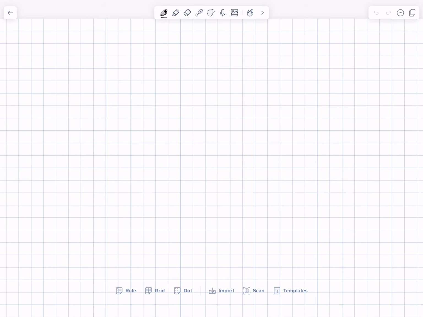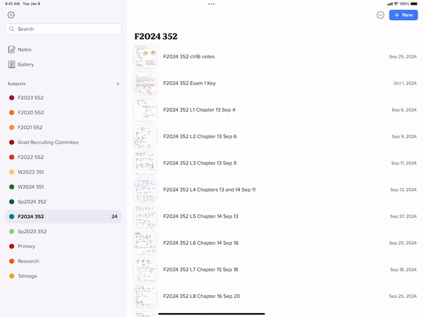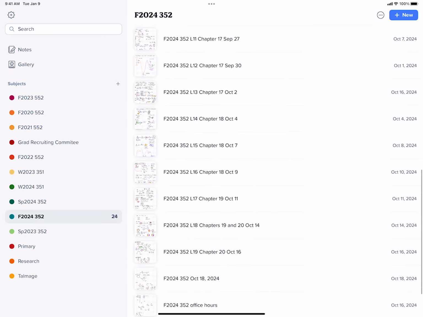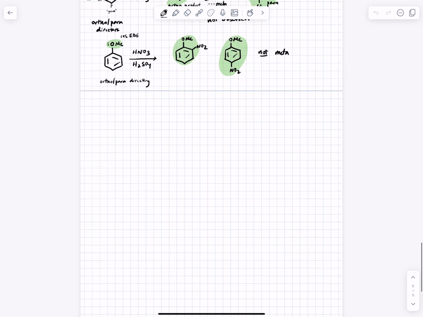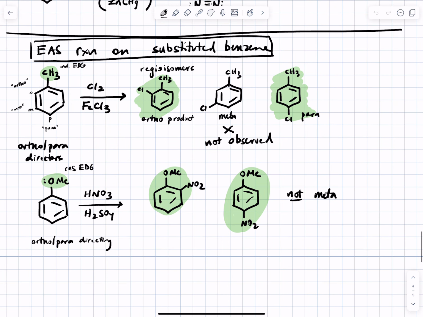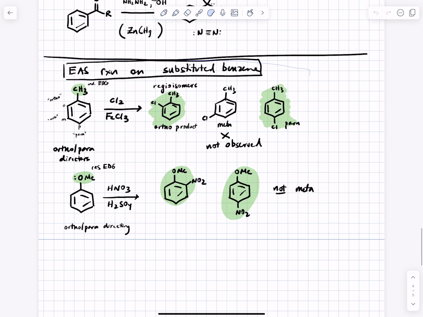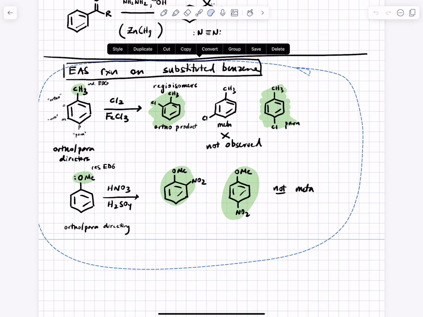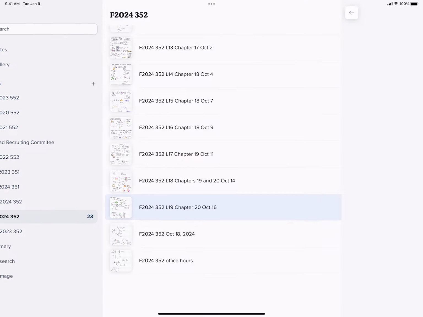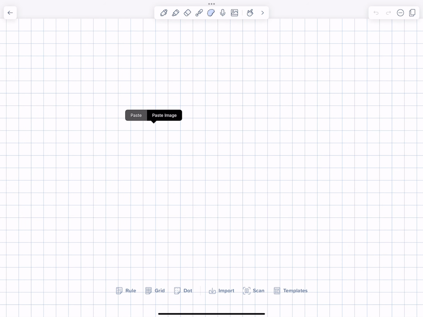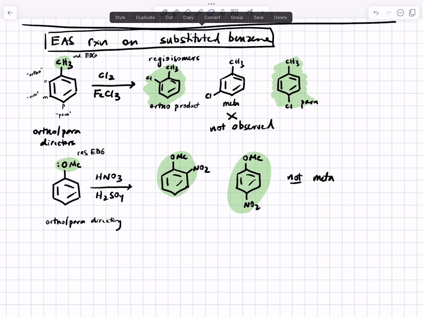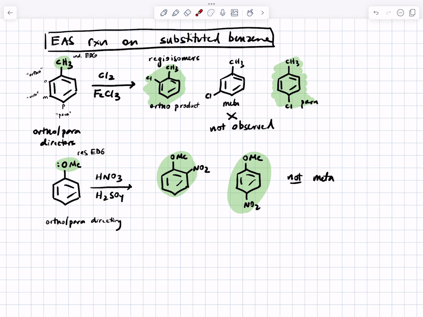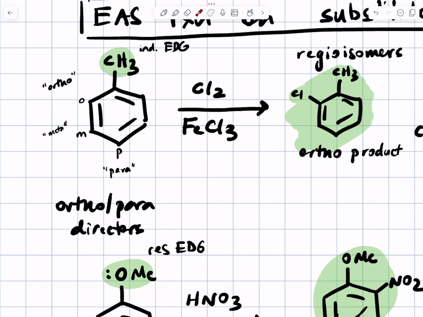First, I told you last time that the character of a group on a benzene ring influences the regioselectivity of the subsequent reactions. So recall that I said that for regioselectivity of a reaction on a benzene ring, for example, this chlorination reaction, if we start with a benzene ring that already has a methyl group on it, all the carbons of the ring are no longer identical.